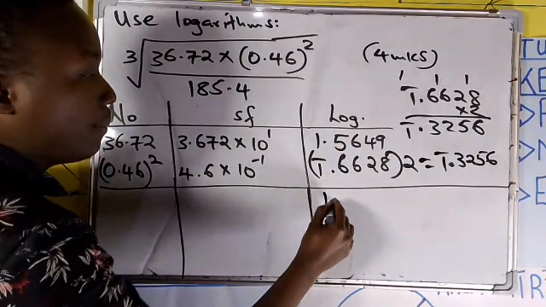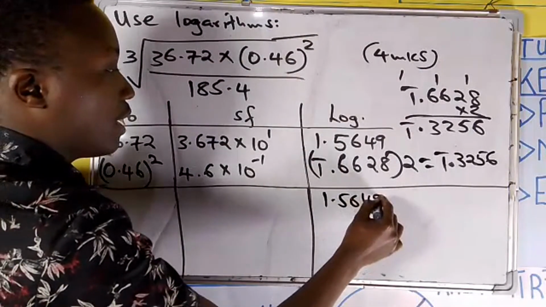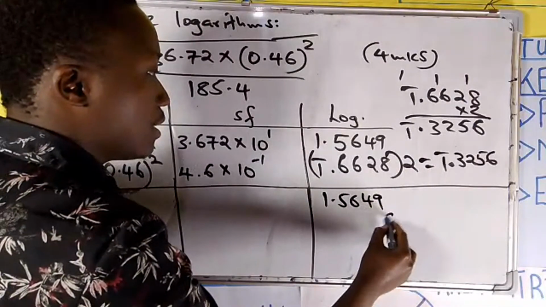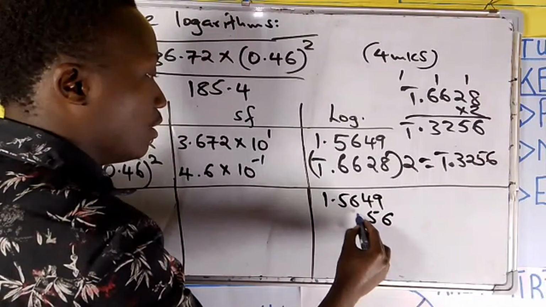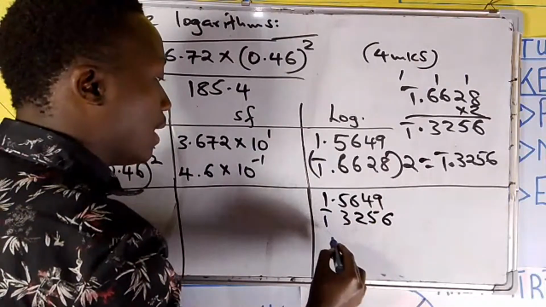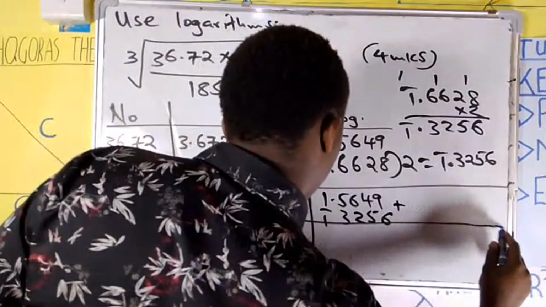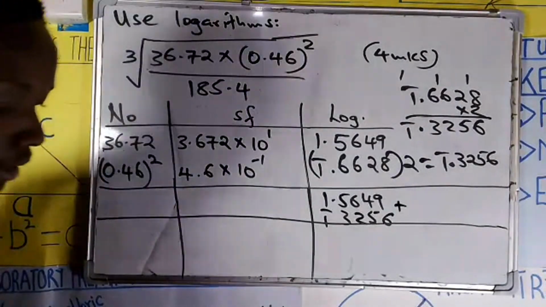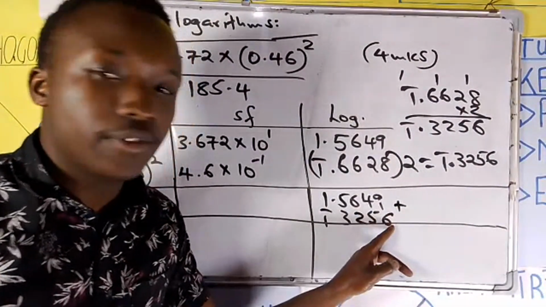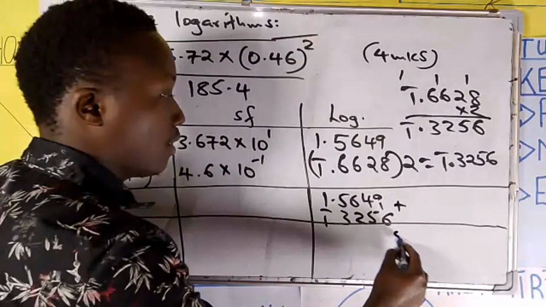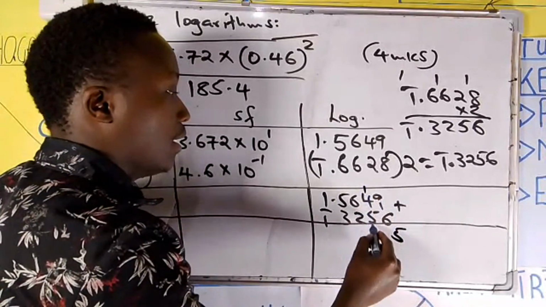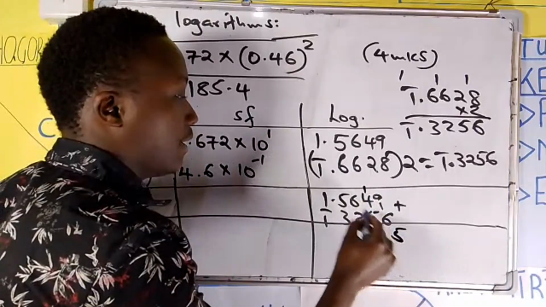First let us divide that. Then we should add. So we take 1.5649. We add 6, 5, 2, 3, then bar 1. Then we add. When we add, what do we get? 9 plus 6 is 15. 5 carry 1. 5 plus 5 is 10.